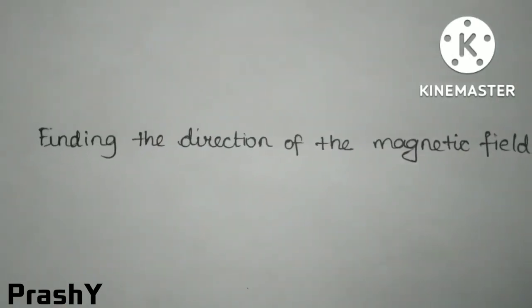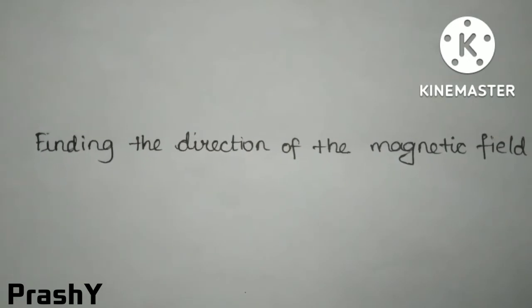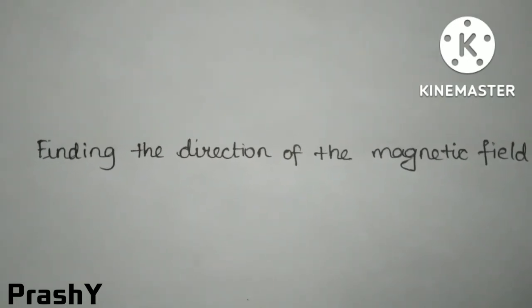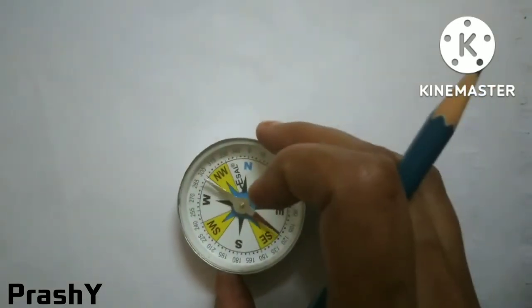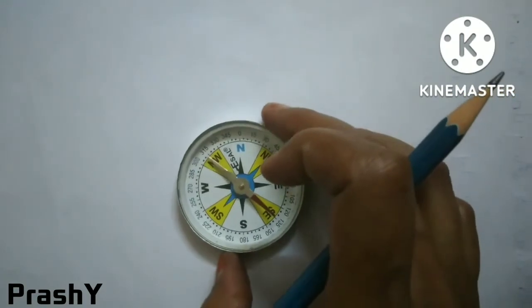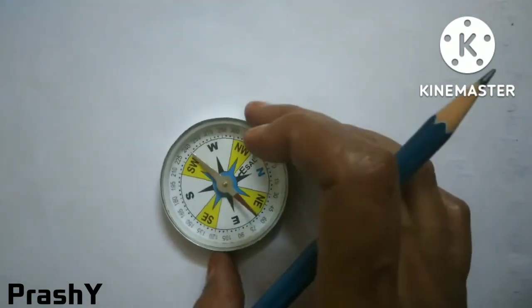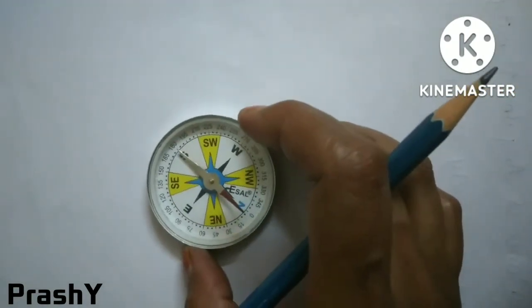So let us find out the direction of the magnetic field due to a bar magnet by doing another activity. Place a white sheet of paper on a horizontal table. Place a compass in the middle of it. Now turn the compass to show the north-south direction.